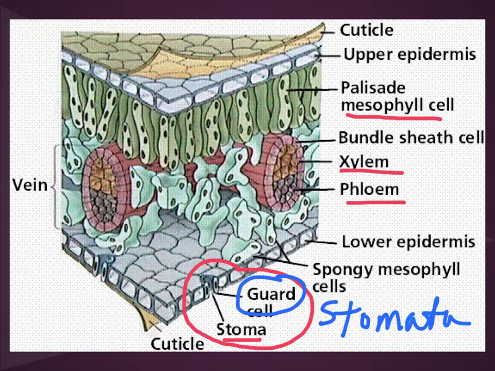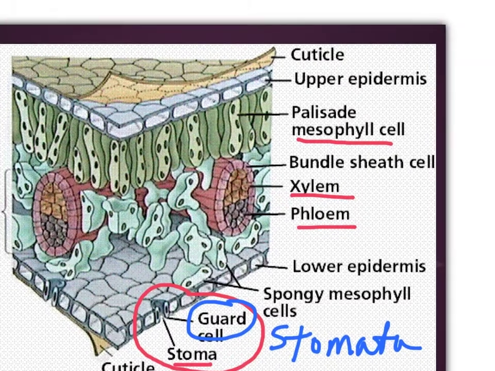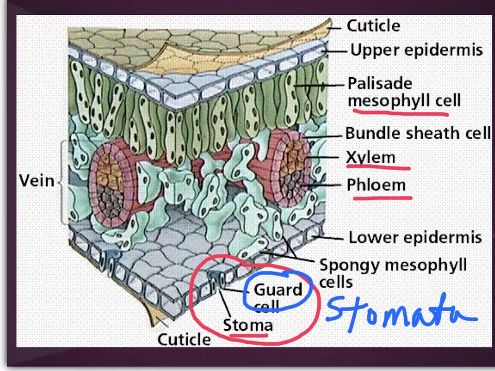But before we go to the next slide, keep in mind the orientation of our leaf here. We notice that these mesophyll cells are closer towards the top, or the anterior of the leaf, so that the light of the sun shining on top of the leaf can be absorbed and photosynthesis can happen.